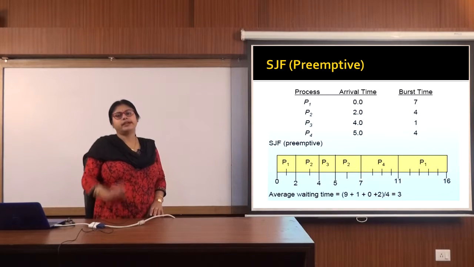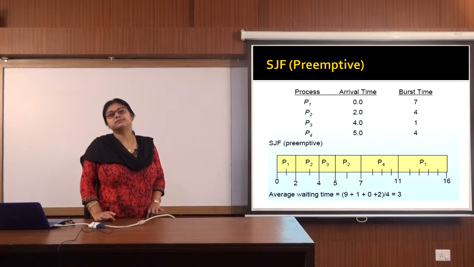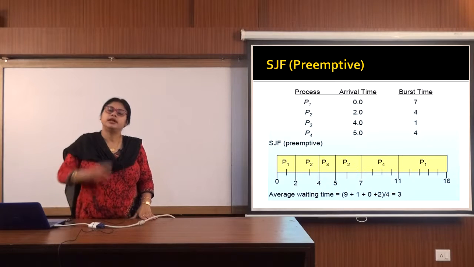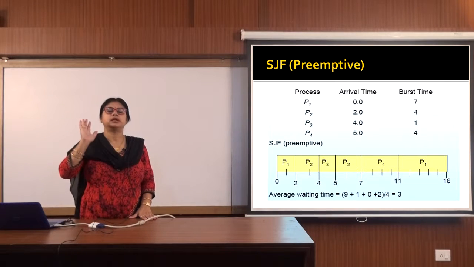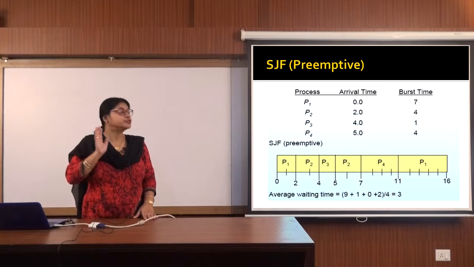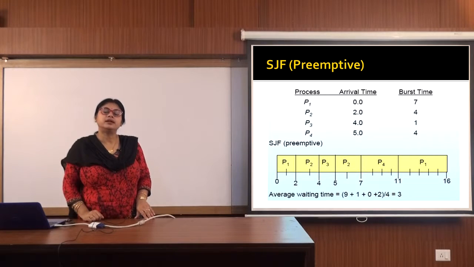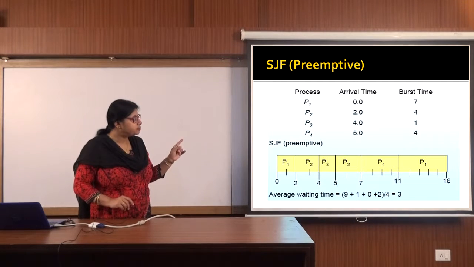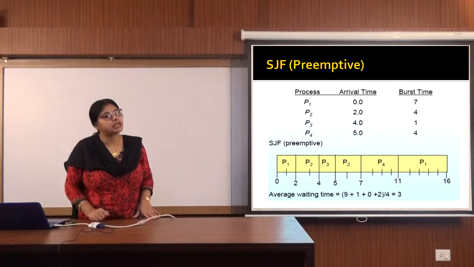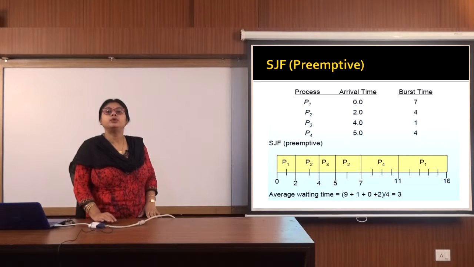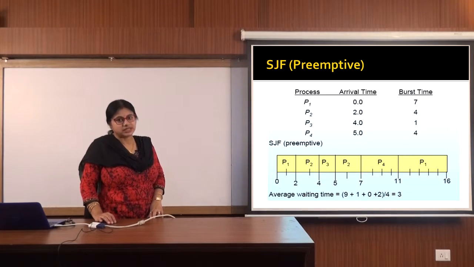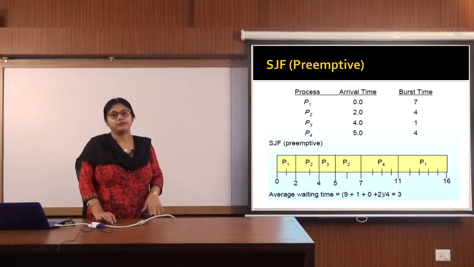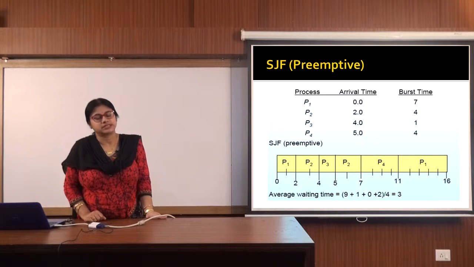And it will work for 1 millisecond as its burst time is just 1 millisecond. So at 5 millisecond time period, P3 is over. It completes all its execution. At 5 millisecond time period, I have 2 processes in my hand: P1 with remaining burst time 5 millisecond and P2 with remaining burst time 2 millisecond. But you see at 5 millisecond time period, P4 arrived with 4 millisecond burst time.